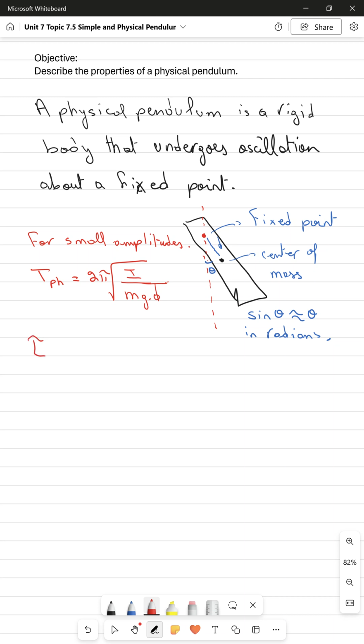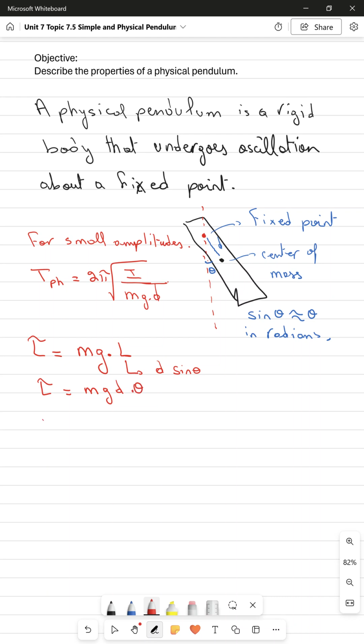We know that the torque, here we have the force, it's mg, mass m times g, multiplied by the length L. Now, what is L? L is going to be d times sine of theta, but sine of theta we said is equal to theta, so the torque will be equal to mg times d times theta.